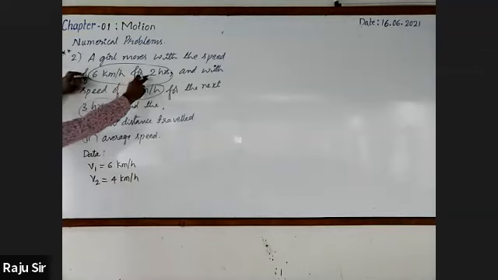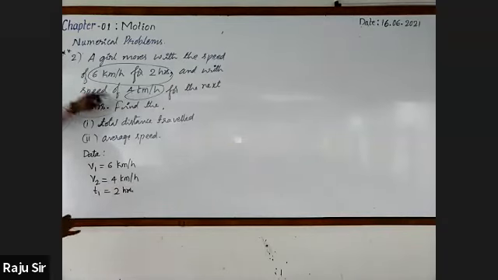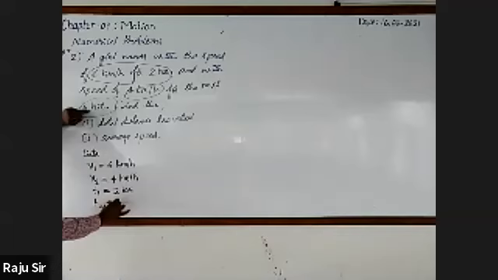Then time for which the girl has moved in first case, it is 2 hours. I take this as T1. T1 is equal to 2 hours. Then second case, she has moved for 3 hours. So T2 is equal to 3 hours.